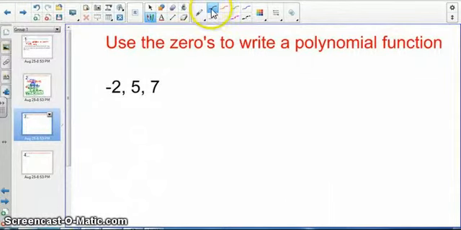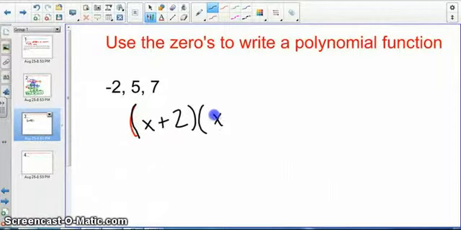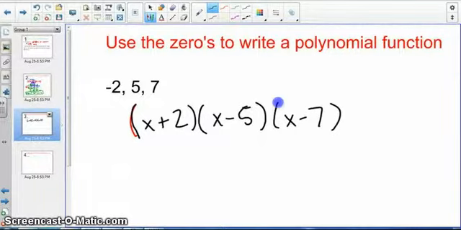So first, I need to write my factors. I'm going to take my zeros and write them as binomials. So I'd have x plus 2, x minus 5, and x minus 7. Now I'm going to multiply my first two.